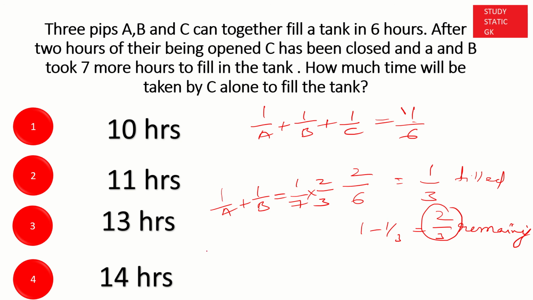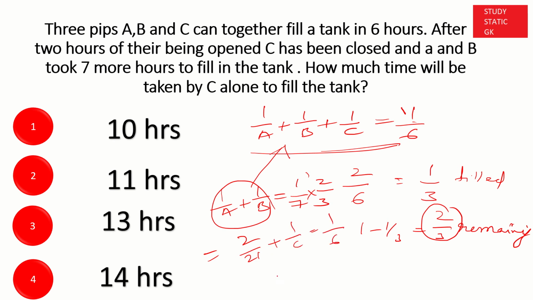So if I replace this 1 by A plus 1 by B value in this equation, 2 by 21 plus 1 by C is equal to 1 by 6. So 2 by 21 minus 1 by 6 is equal to 1 by C.